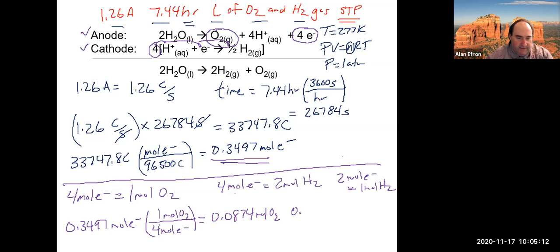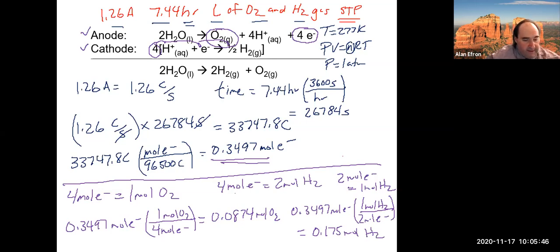We'll start with our same moles of electrons. Whichever relationship you want to use, 2 moles of electrons to 1 mole of H2, or 4 moles to 2 moles. Again, it should come out the same, 0.3497 divided by 2. And that's going to give us 0.175 moles of H2. Any questions up to there?